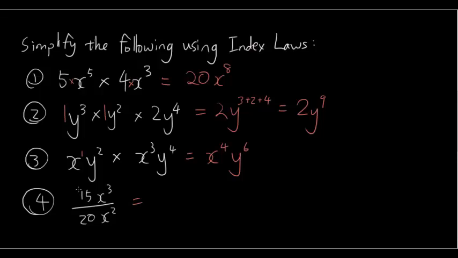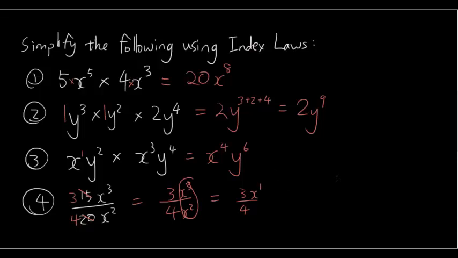And the last one, 15 over 20 is 3 over 4. So 3x cubed over 4x squared. Now, if you remember our second index law, 3 minus 2 is over 4x to the power of 1.